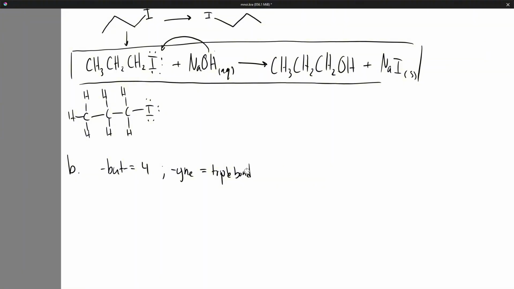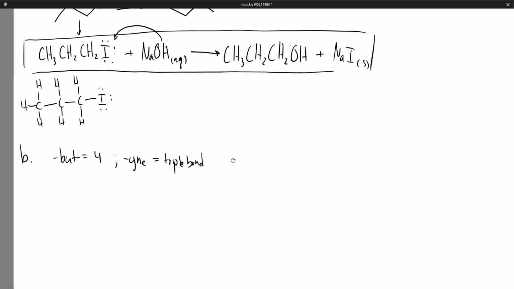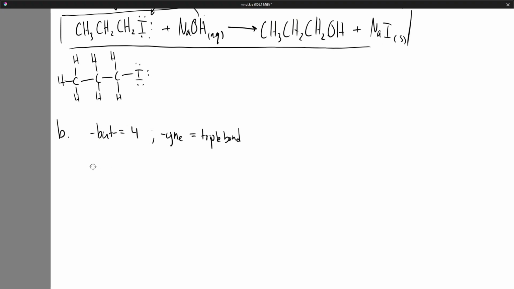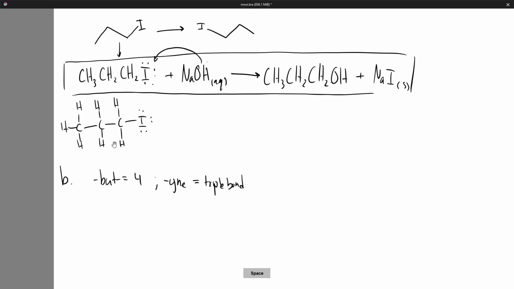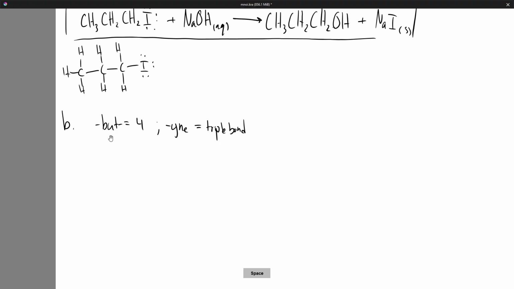And the 1 dash at the beginning of that means the triple bond is located at the first branch of this molecule. So let's draw it like that. I'll start off with a Lewis structure to simplify it. So but 4, 1, 2, 3, 4. Yne is the triple bond.